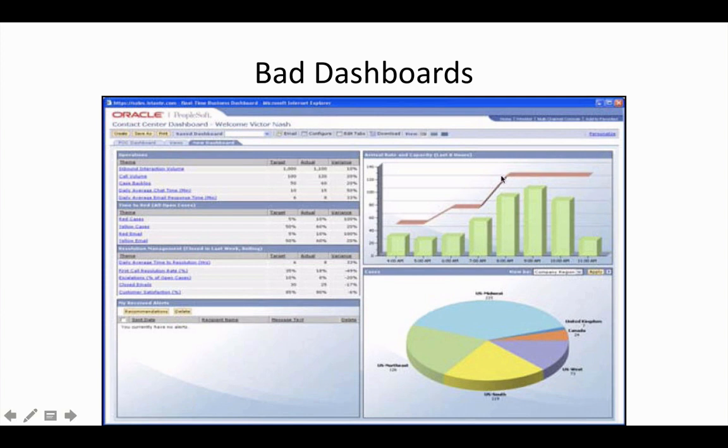A 3D column and bar chart, and then a whole bunch of numbers that are provided. We're not really quite sure how these different panes of the dashboard work together, but the key thing here is that we're using a whole lot of space for very little information on the right side of the screen.